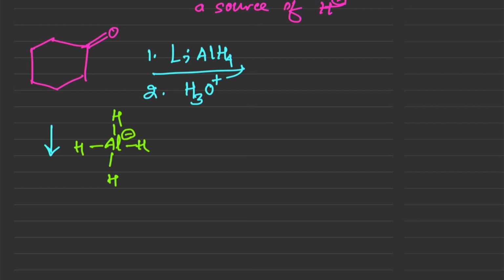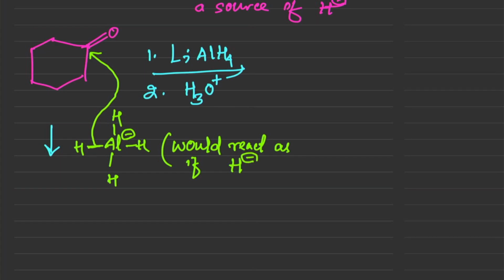So one of these hydrogens, with its bond pair, will serve as the nucleophile. For problem-solving purposes, it reacts as if it is H minus. The carbon atom here has delta positive. So this is negative, this is positive, so they would react. And oxygen is going to have delta negative.